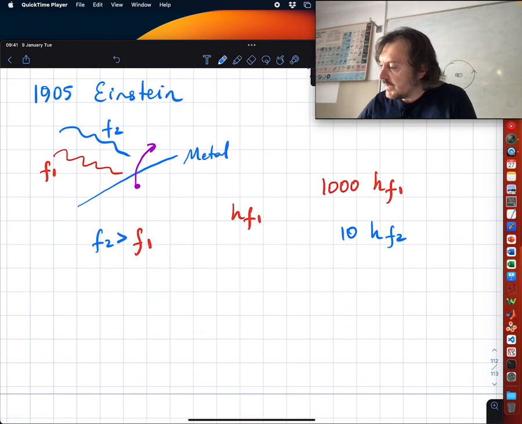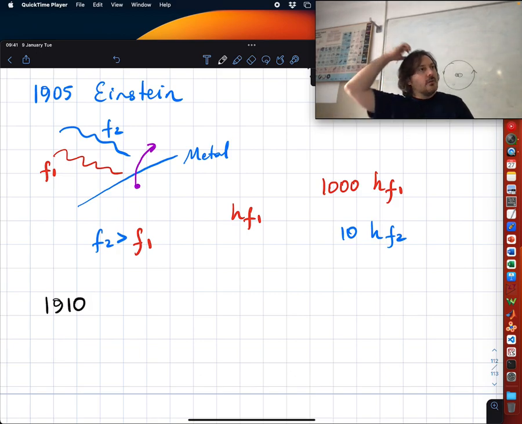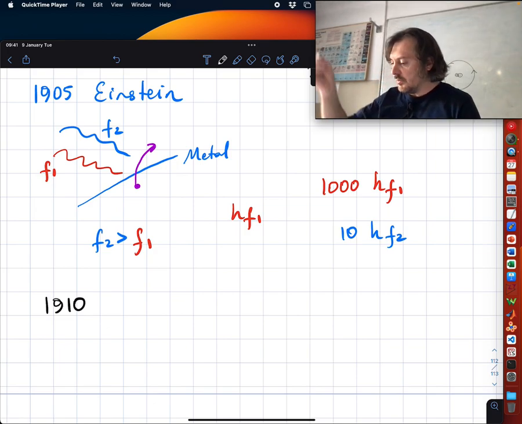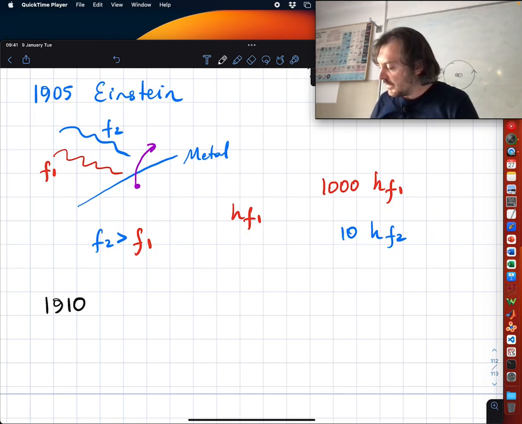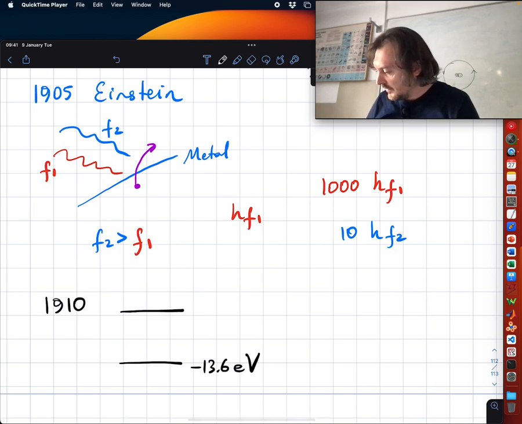And now we are in 1910. They have these atoms and atomic spectra, and they follow some rules. For example, they look at the universe, which is composed of hydrogen gas, and they just see these lines, like let's say this is minus 13.6 electron volt, this is minus 13.6 over 4, and this is minus 13.6 over 9.